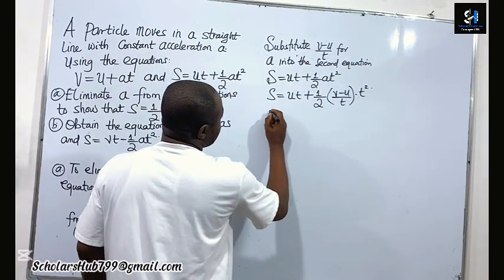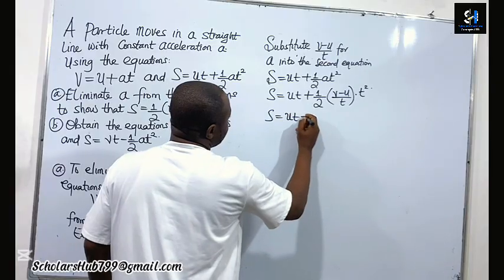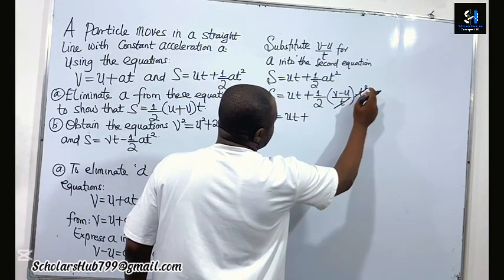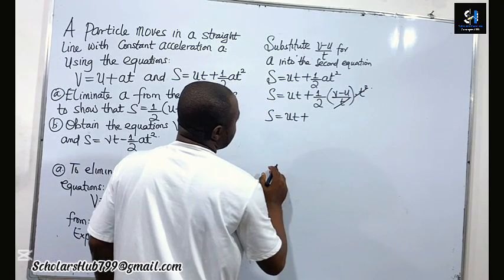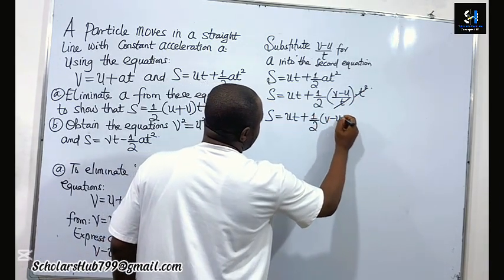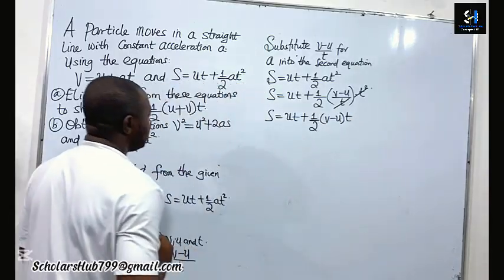So this will be s equals ut plus, t squared divided by t will be 1t. So this will be 1/2 of v minus u times t.